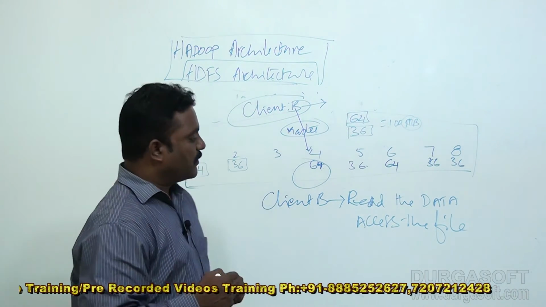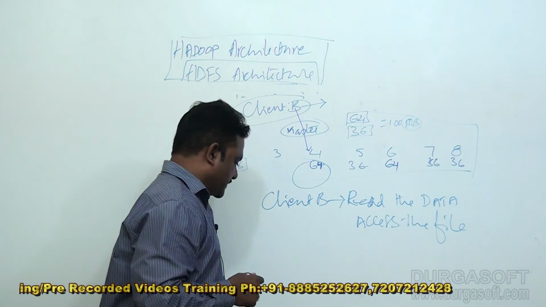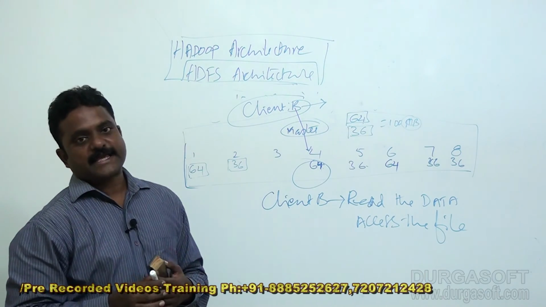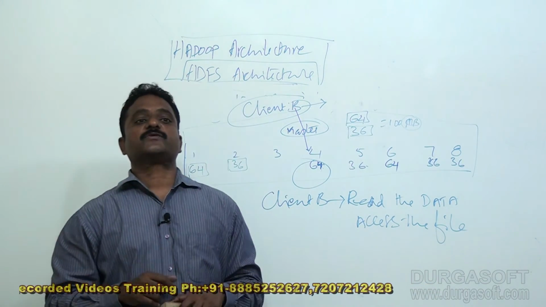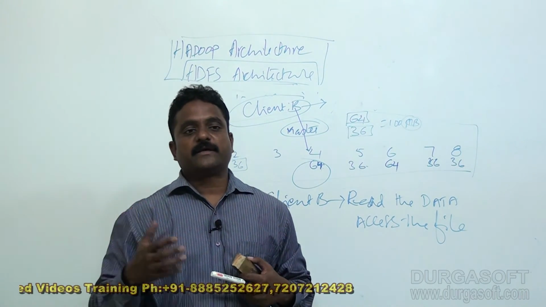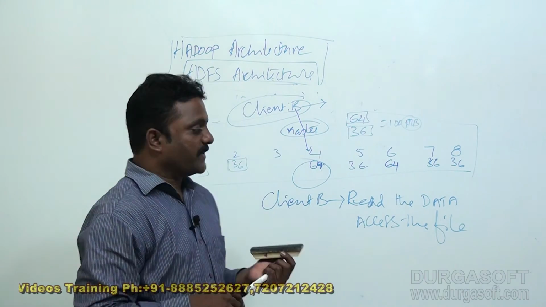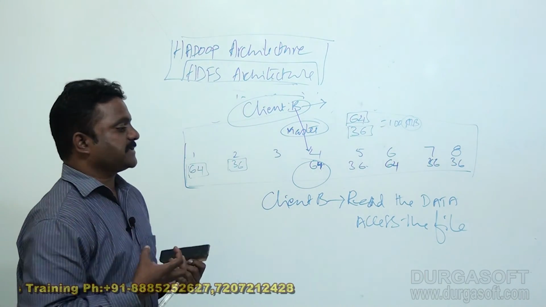So these are a few details of the Hadoop architecture. As I said, this is the architecture of the 1.x version, and we will look at the architecture of 2.x in the coming classes. There is a lot of things that we can experience.